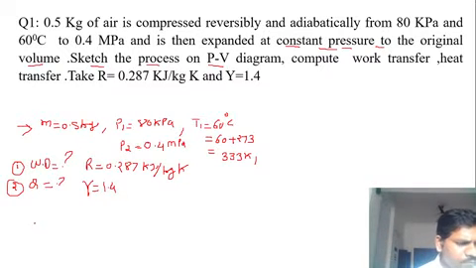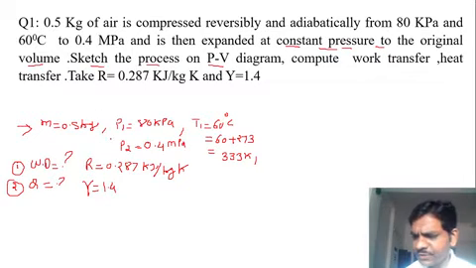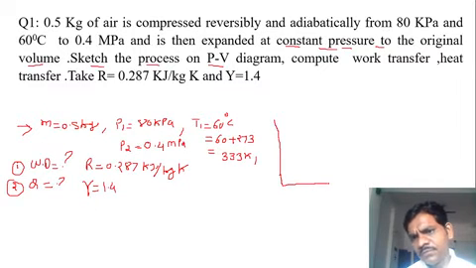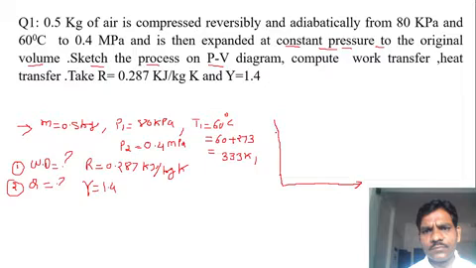So let's find out the process. What is the process? First of all, we draw this process on the PV diagram. So look at the process, how to draw on the PV diagram. So this is the reversible process.